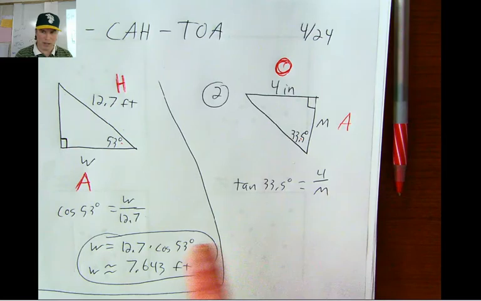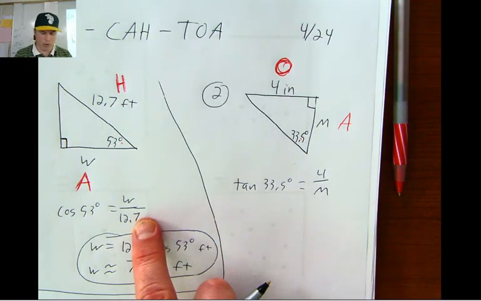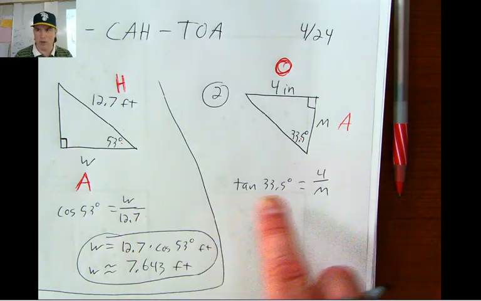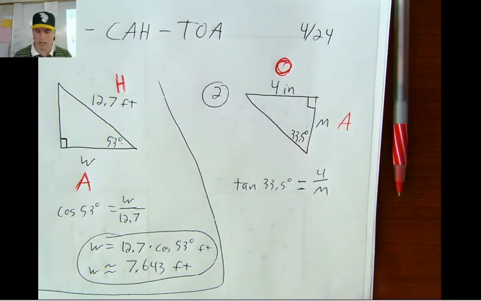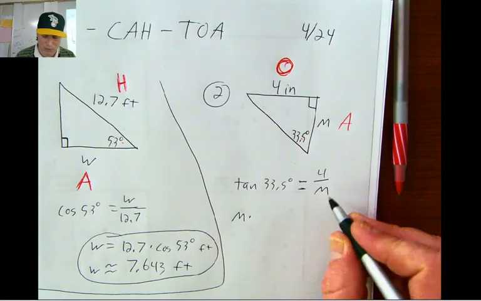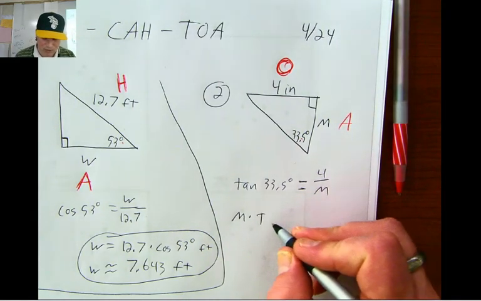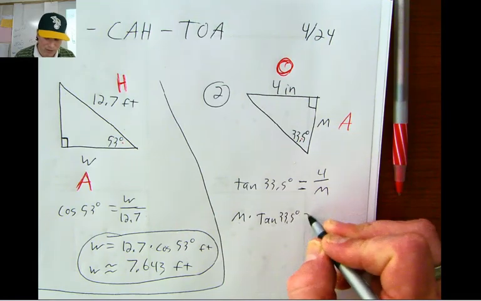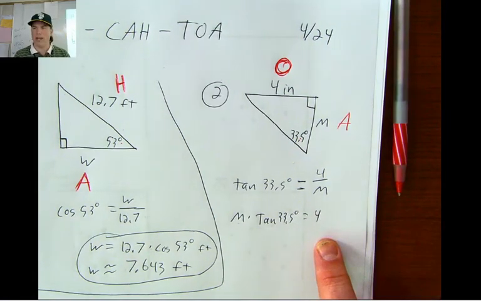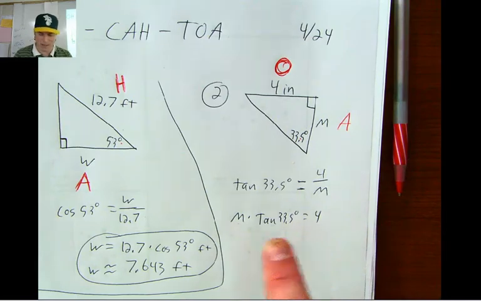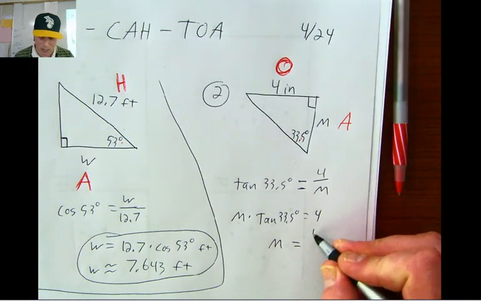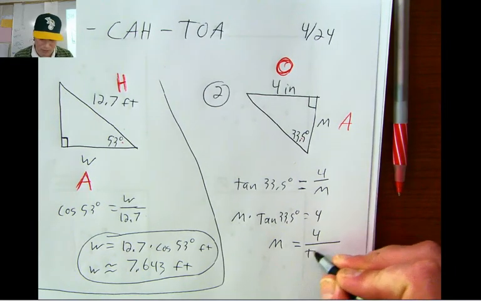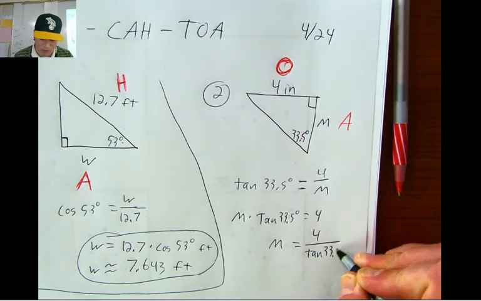If you look back at number 1, the variable was in the numerator. That's the one-step variety. Here, when the variable is in the denominator, that's the two-step variety. Step 1 is you multiply both sides by that M, so I have M times tangent of 33.5 degrees equals 4. I can then divide both sides by tangent of 33.5 degrees. So M equals 4 divided by tangent 33.5 degrees.